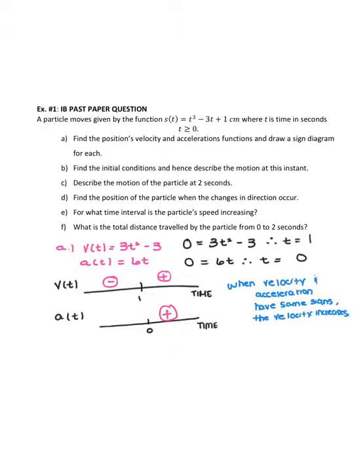And when they have different signs, the velocity decreases.